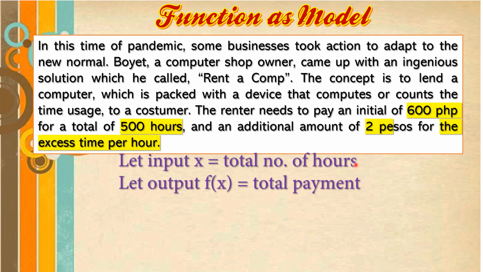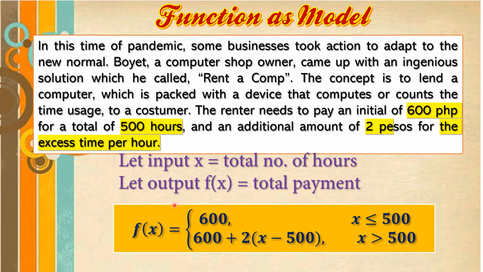So what will be the formula? The function would be a piecewise function. We have f of x is equal to, the brace, 600 pesos if x, the total number of hours of usage, is less than or equal to 500. That is the amount you have to pay.